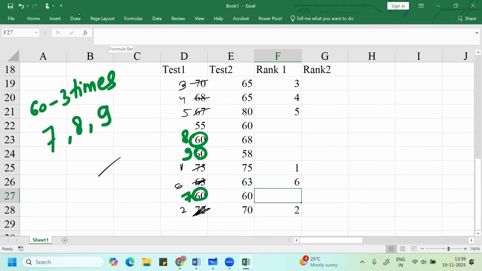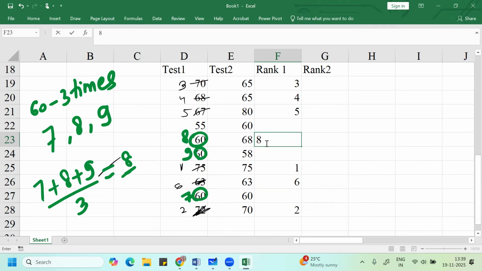In this kind of case, we'll find the average of these three ranks. So 7 plus 8 plus 9 divided by 3. 7 plus 8 is 15, 15 plus 9 is 24, 24 by 3 is 8. That average is given to all three: 8, 8, and 8.